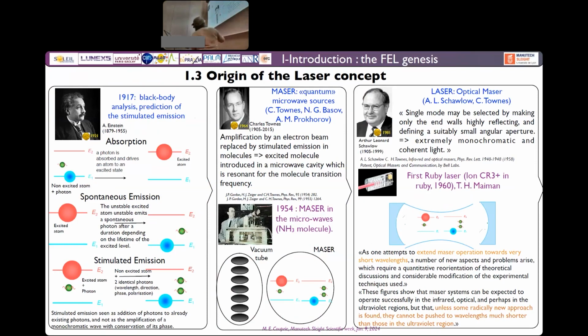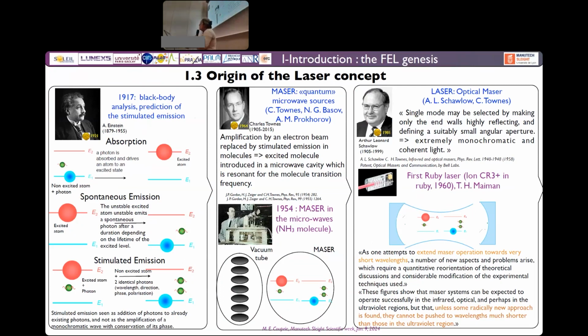They were guessing that it would provide extremely monochromatic and coherent light. Then it was a kind of race to get the first laser operating, and the first to achieve it was Maiman with a ruby laser in 1960.